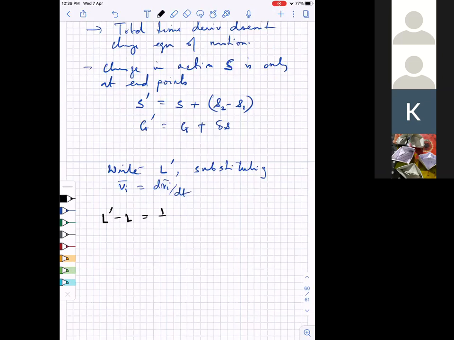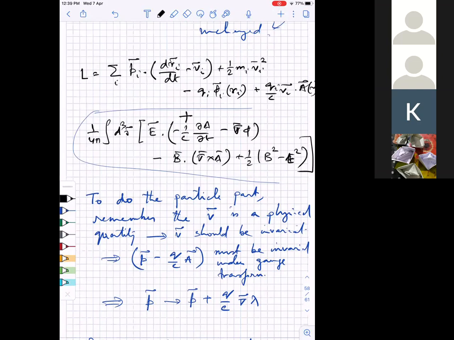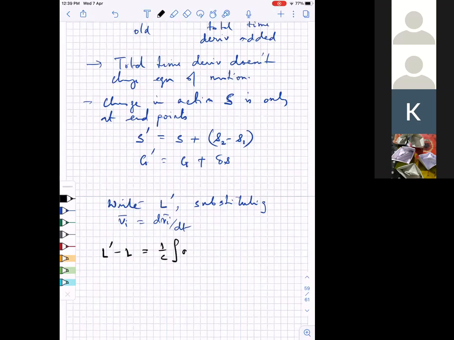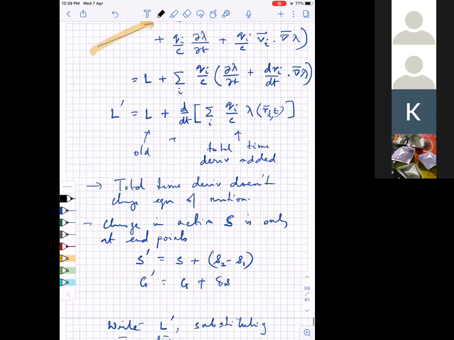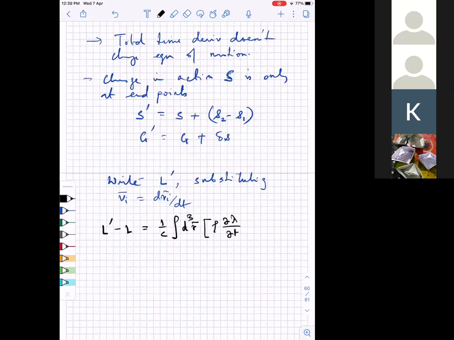It will be 1 by C. This is what we'll get when I substitute this in the original Lagrangian.